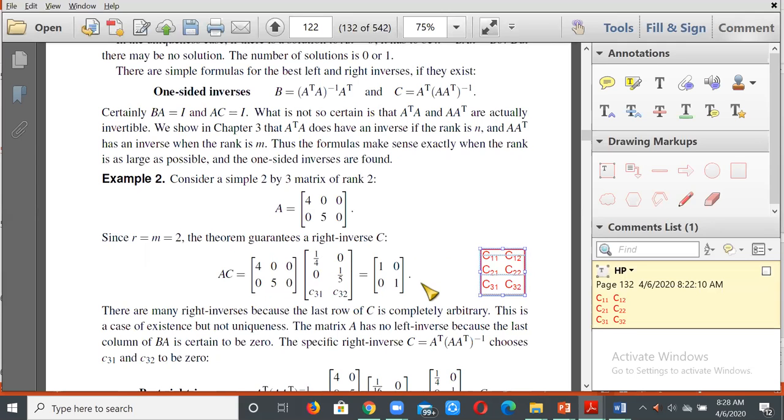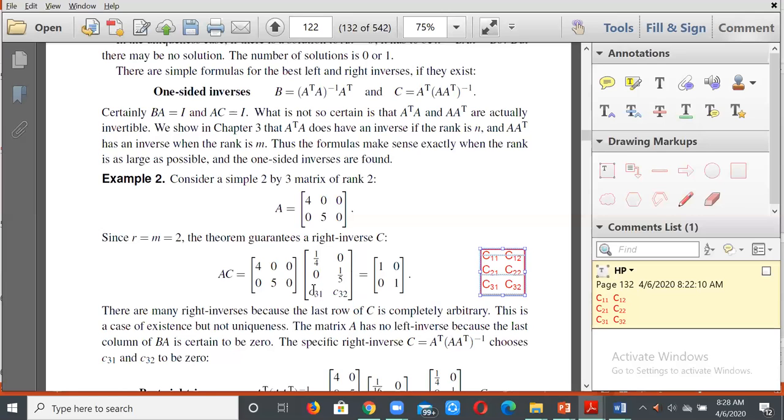Similarly, the other values can be found. In particular, the second row 0 5 0 multiplied by the second column C12, C22, and C32 should give us the value 1. That is, 0 into C12 plus 5 into C22 plus 0 into C32 is equal to 1. That is, 5 C22 is equal to 1, so C22 will be 1 by 5.